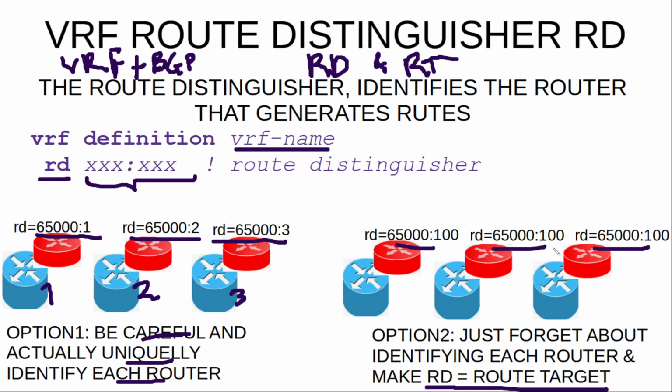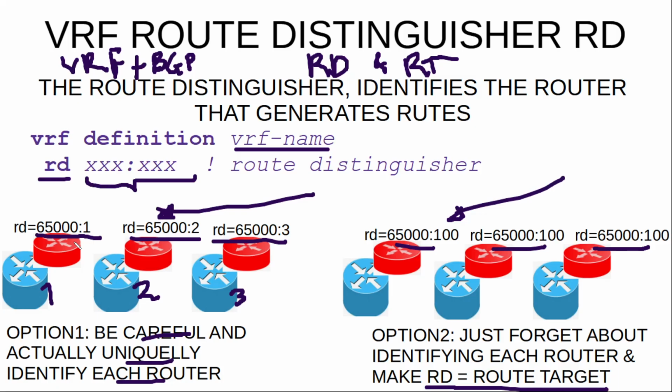But these are two ways of designing. I have seen these two ways configured in networks. Some network designers are really careful and have a lot of control of the assignment of route distinguishers and achieve this level of control where each router has a different route distinguisher.